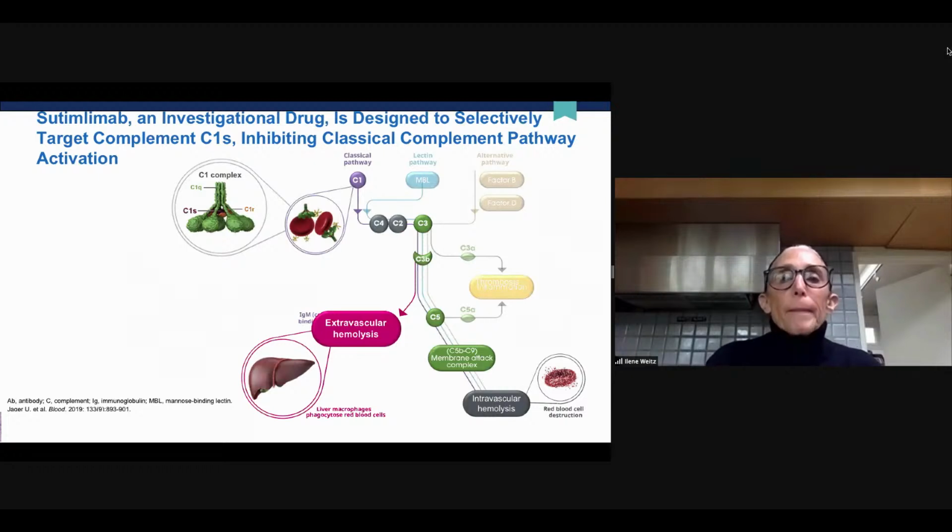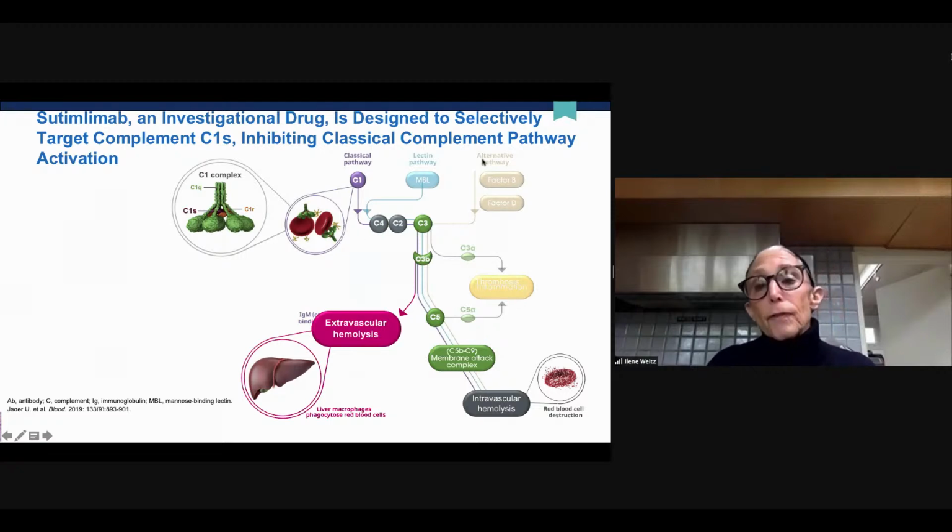So sutimlimab is designed to block the C1s component of the C1 complex. And by doing so, it inhibits the activation and cleavage of C4 and C2 so that you decrease the production of C3 convertase.